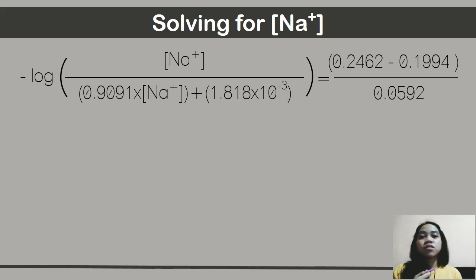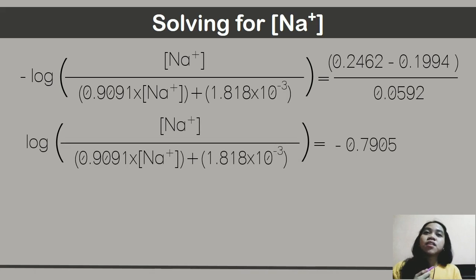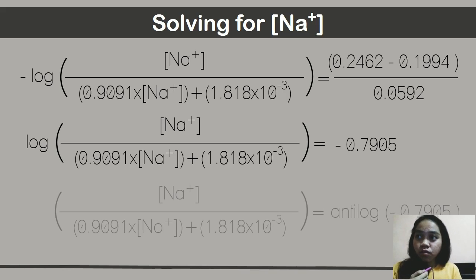But for us to understand the problem clearly, I will show you the step-by-step solution. Okay, moving forward, we simplify the right side of the equation and we transfer the negative sign to the right side.